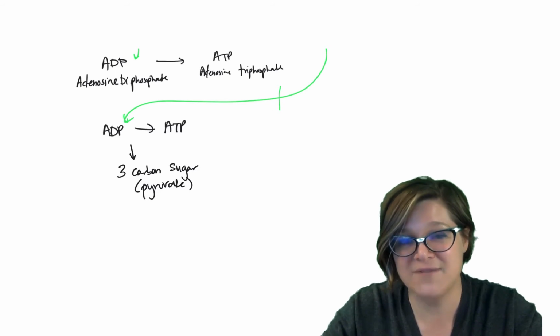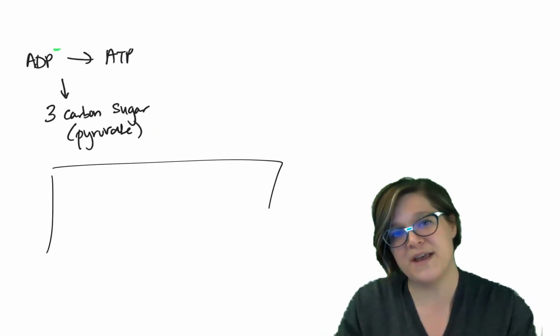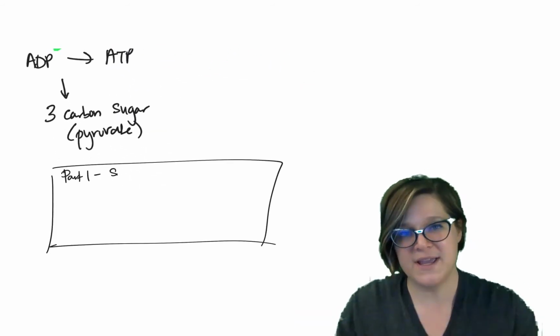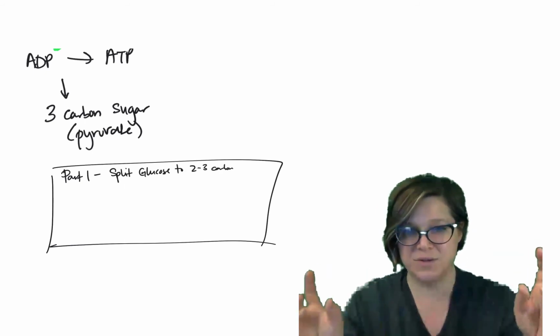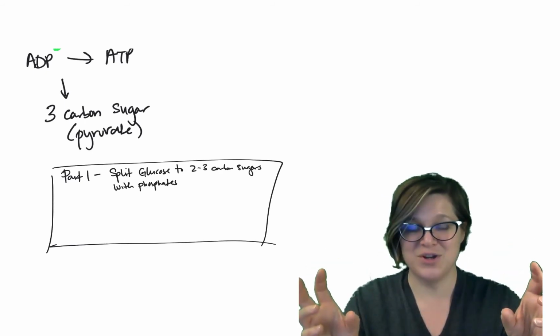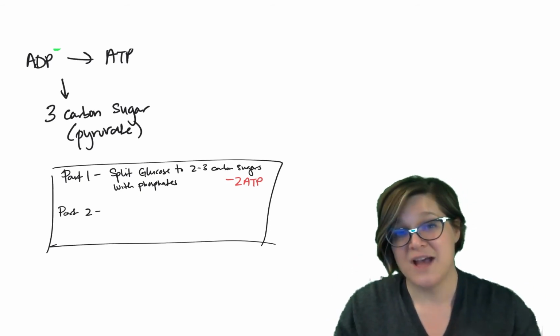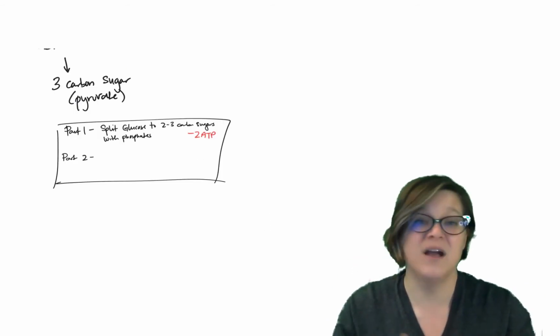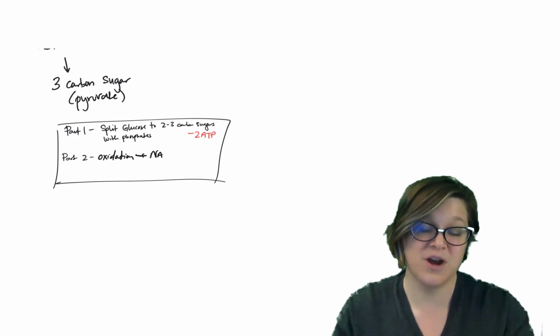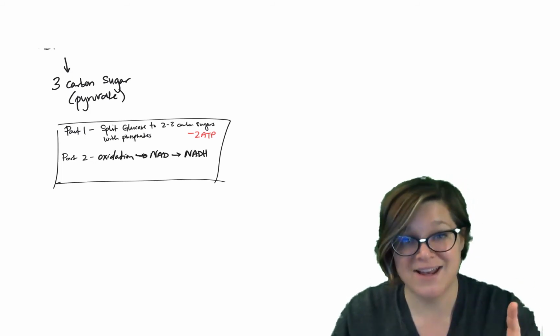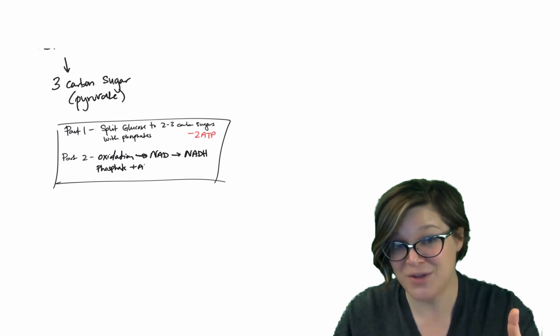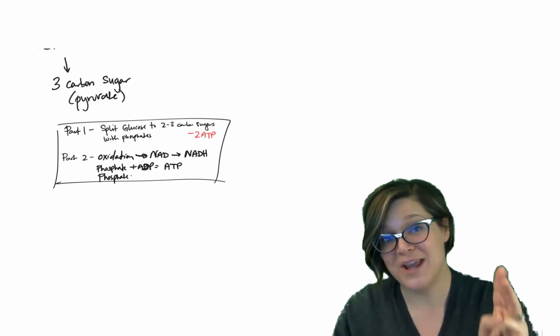So let's kind of look at the energetics here. Remember in that first step where we were breaking apart our glucose into 2 3 carbon sugars, we spent 2 ATP. As we were reducing one of our 3 carbon sugars, we made a NADH, that's an energetic molecule, and 2 ATP.